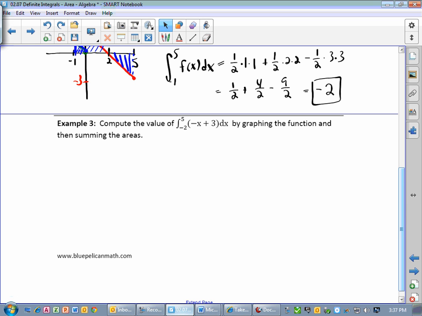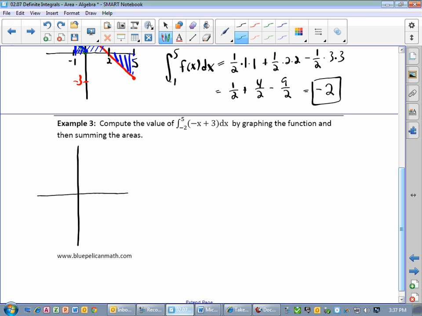Okay? Same idea, compute the value of the integral from -2 to 5 of -x plus 3 by graphing the function and summing areas. What are the x values we're concerned with? Okay, so -2 and 5. Now, what kind of function is it? Linear, we know it's just going to be connecting two dots. So which two values do we want to plug in?